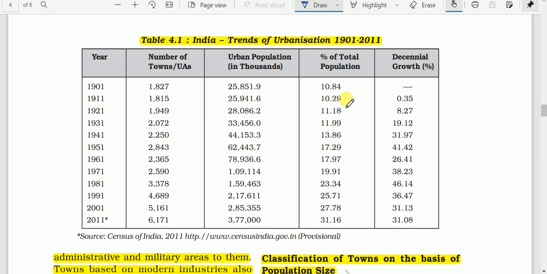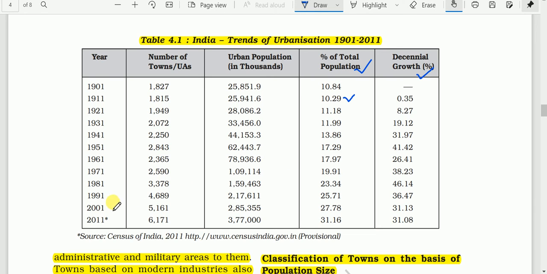Just see this column, it shows the level of urbanization. Here in the year 1911, the level of urbanization was only 10.29%, and this column shows the decadal growth rate of urban population.